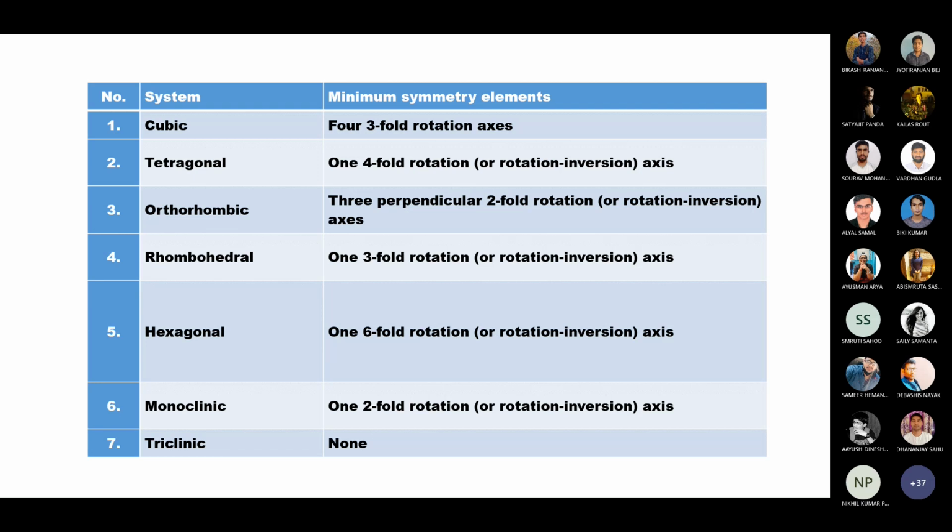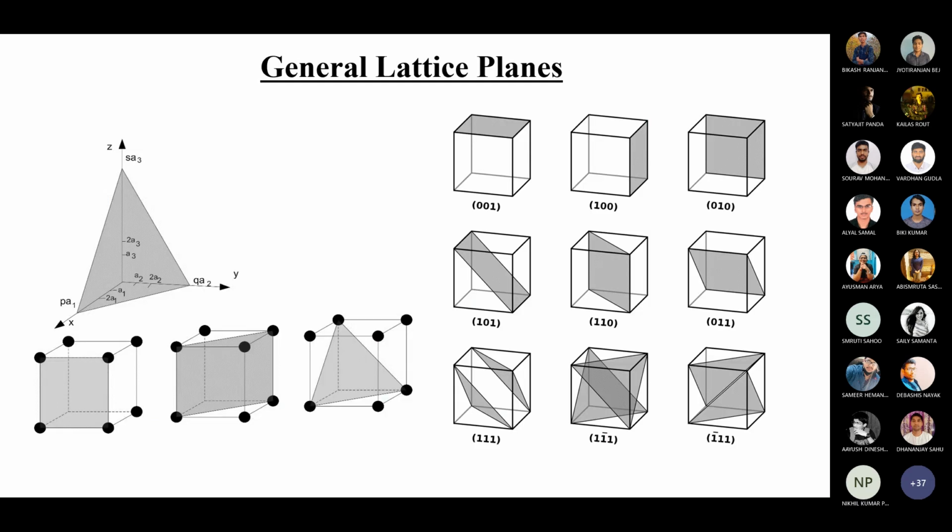So that way we can understand, and then HCP magnesium a little bit. Now we are going to understand the different lattice planes, and why it is important: we have to understand where the deformation is going to occur, how different planes are associated with the close packed plane, where the different defects can occur, and how they govern the plasticity of the particular material.